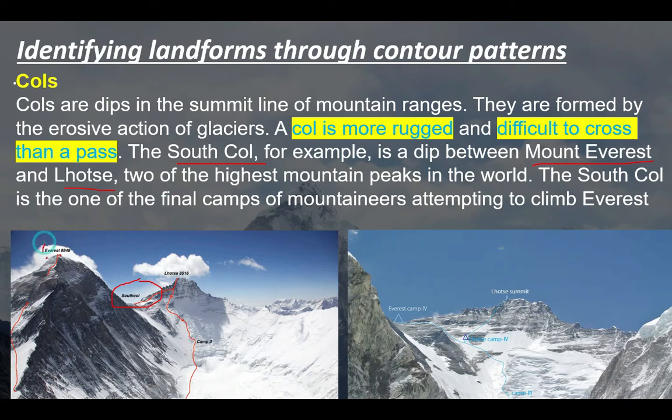These two are the biggest mountains, Everest and Lhotse, and in between these two mountains there is a col. That is called the South Col. The South Col is one of the final camps of mountaineers attempting to climb Everest. So for Everest climbers, this is the final camp.